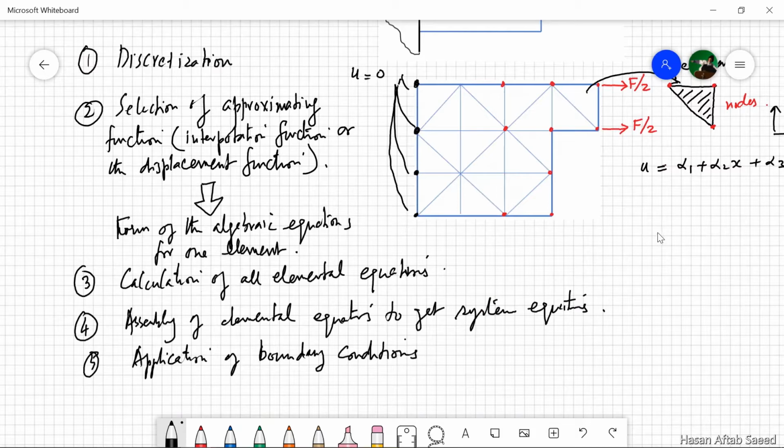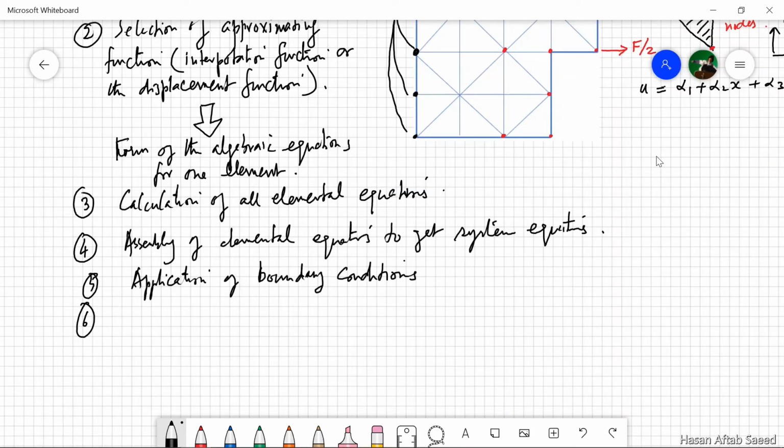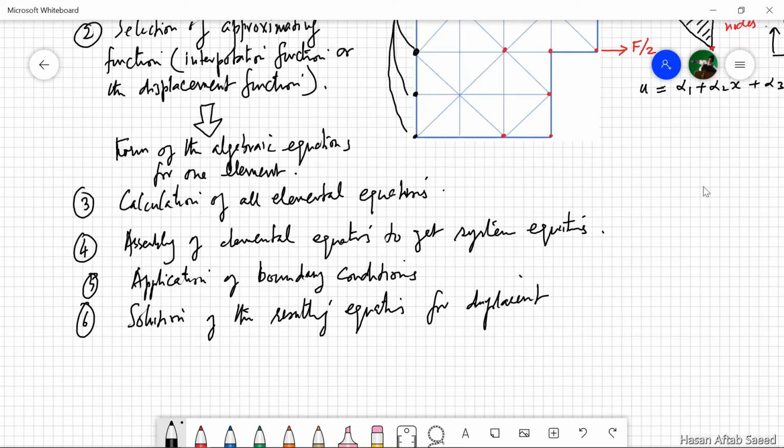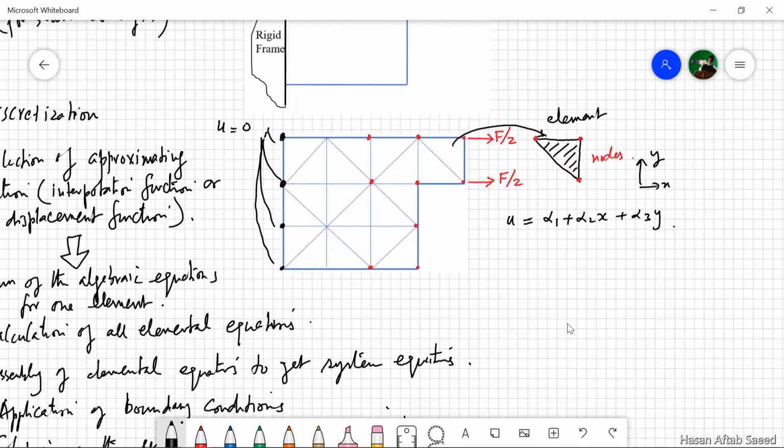Sixth step, we solve the resulting equations for displacement. Recall that this expression, and for a 2D problem, we'll also have an expression for the y displacement.